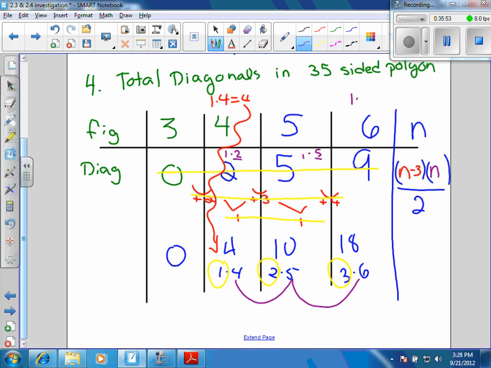And when I do 1 times 6, I get 6, and I want 6. So I leave it the same because I got the 3 for the first pattern. So my answer is n times (n minus 3) divided by 2. That help? Yeah. Okay.